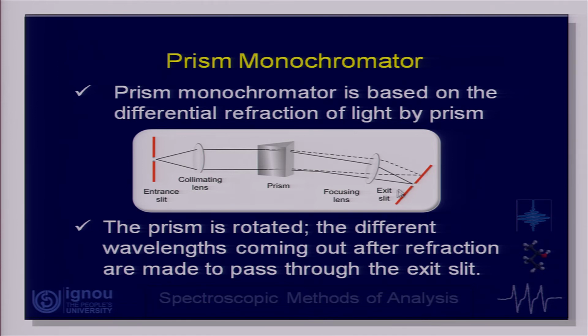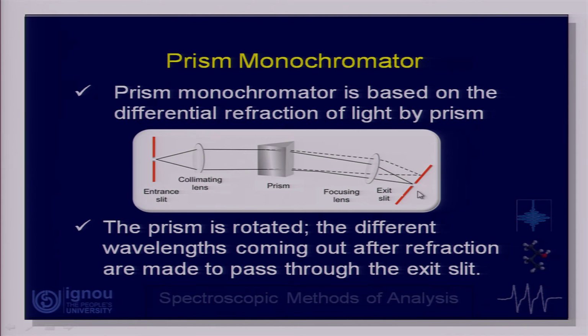The whole process is such that we rotate this prism in a predetermined way. When you rotate the prism, radiations of different wavelengths are made to fall on the exit slit, so what comes out from here is of a given wavelength only. That is a monochromatic radiation which comes out from the exit slit.